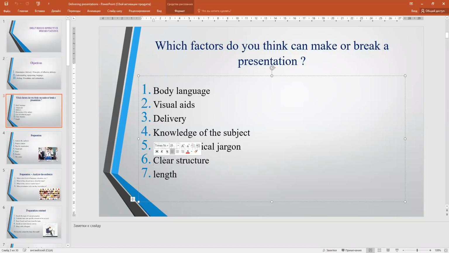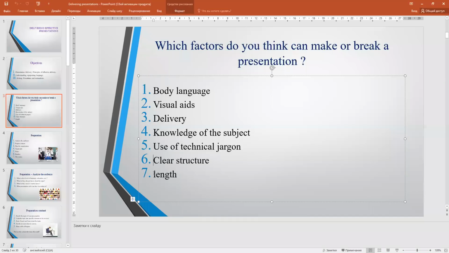And the structure of your presentation has a certain role in your success, because if your structure is incoherent and unclear, your presentation may fail to reach the desires of the audience.